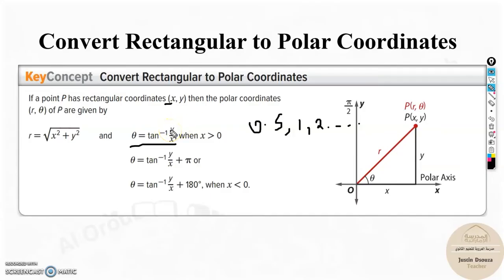But what if x is a negative value, x less than 0, like minus 1, minus 2, or so on, then you need to use tan inverse y by x plus 180 degrees, okay? Or pi means 180 degrees. So this is the thing. This is very important. Now let's see a few problems. If you remember these two formulas, but remember theta has two formulas based on the x value. It is very, very simple.